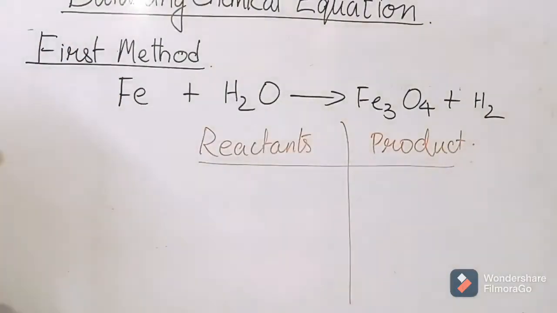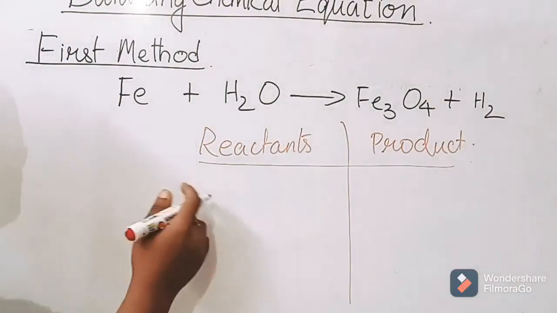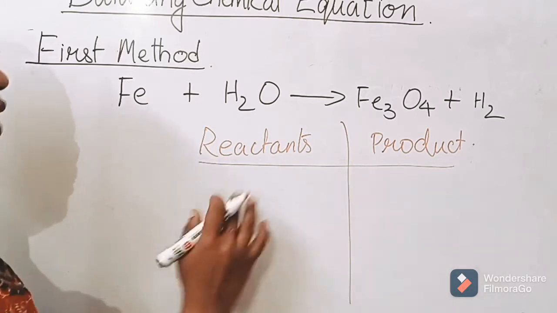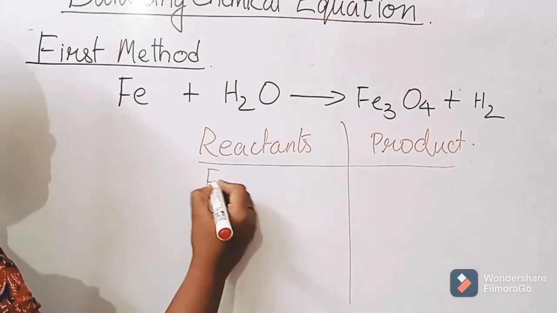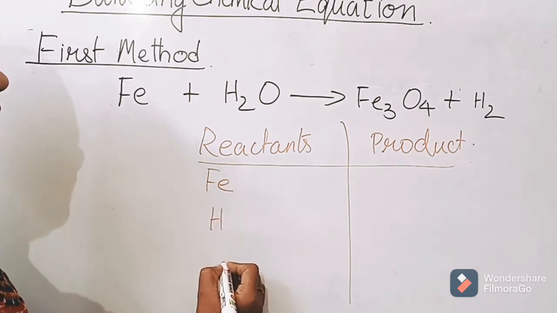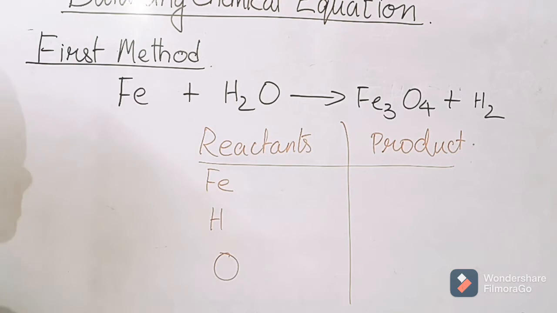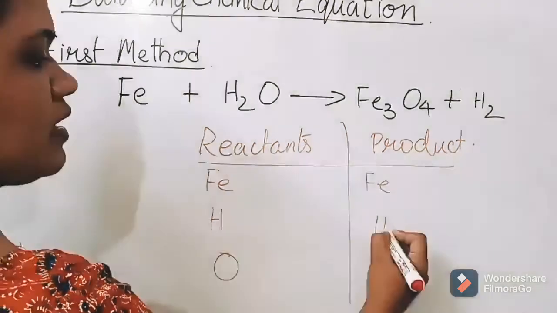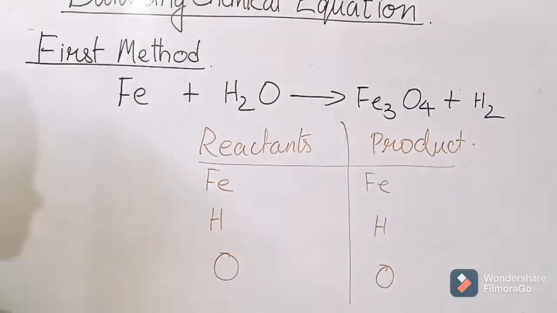Now, after making a table, we will write down the atoms in the reactant side and on the product side. First atom is Fe, second hydrogen, and the third one is oxygen. Here also Fe, hydrogen and oxygen.